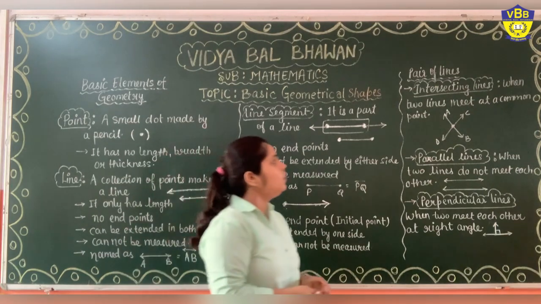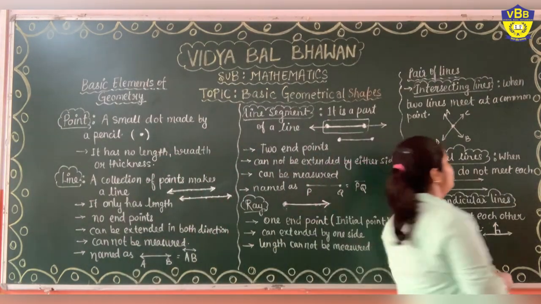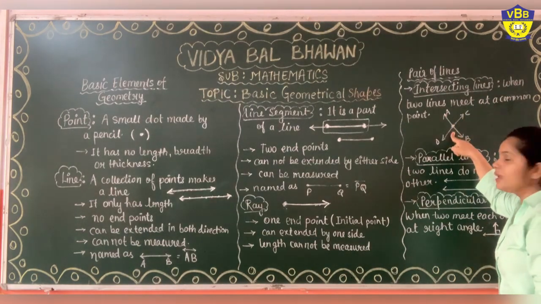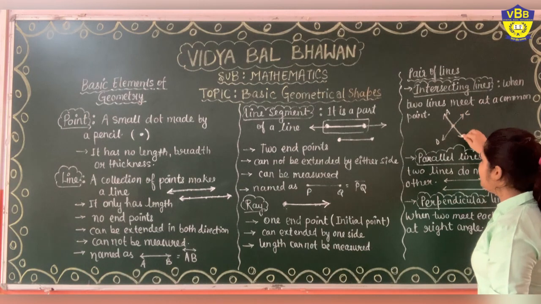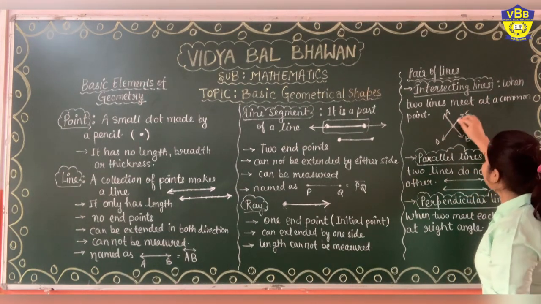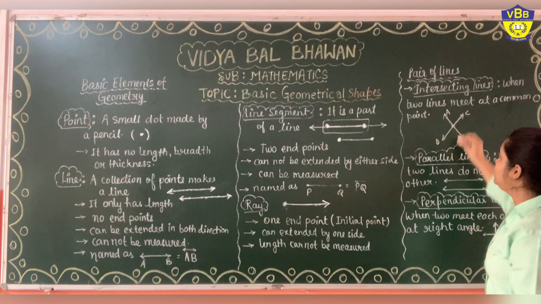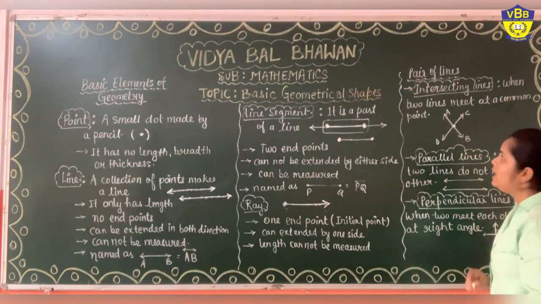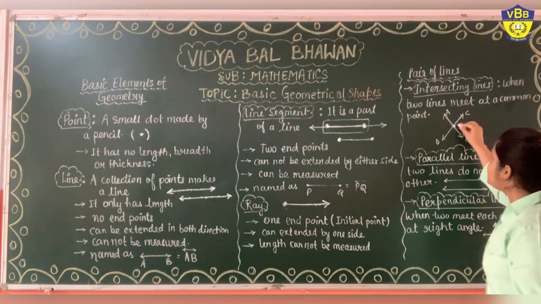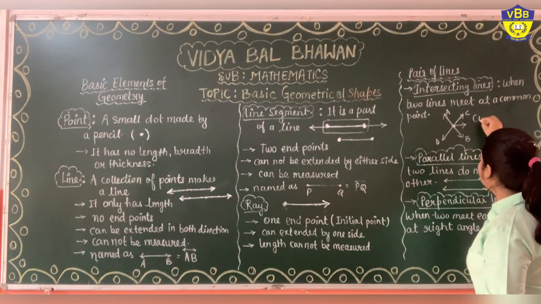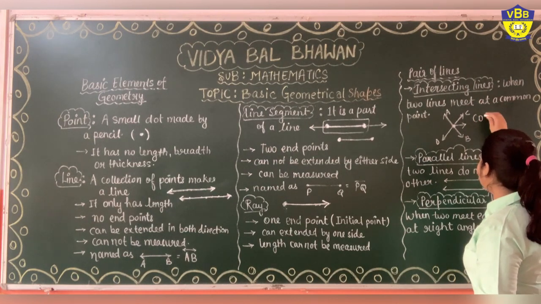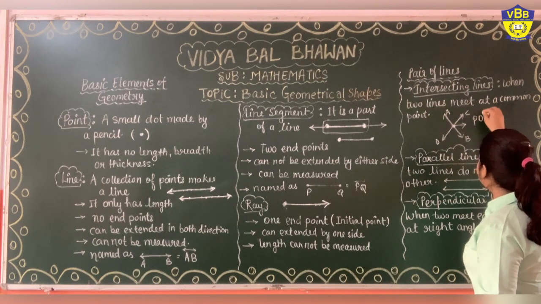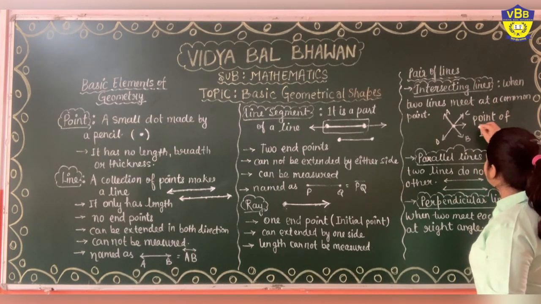Here you can see, this is the first line AB, this is the second line AC, and these 2 lines are meeting here at one common point. So these lines are intersecting. This common point is called point of intersection.